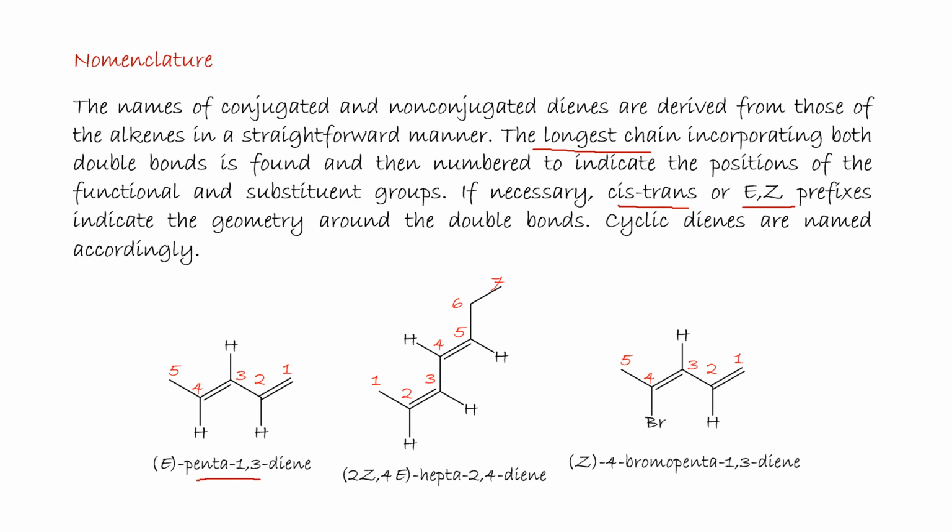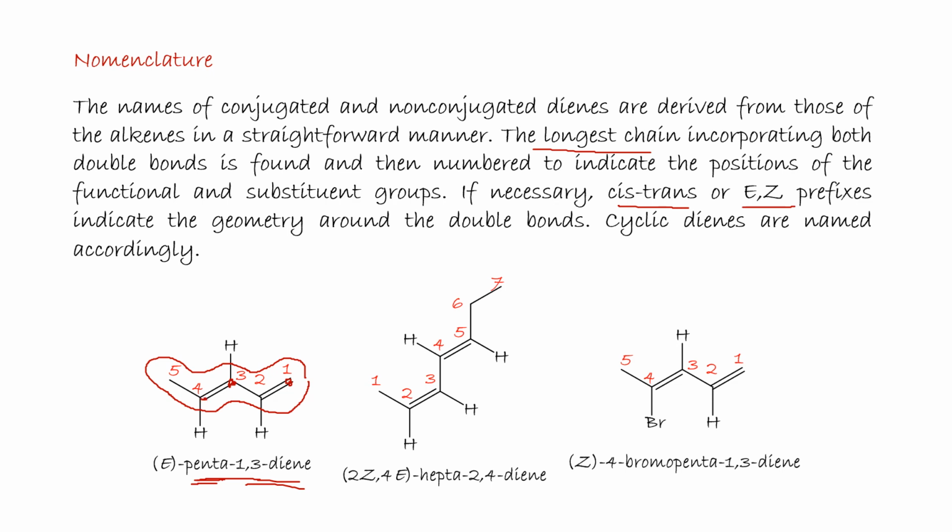For this compound, its longest chain is 5 carbons, so we have penta, the double bonds are at 1 and 3, so it's 1,3-pentadiene. Since carbon number 1 carries two identical hydrogen groups, we don't have cis, trans or E, Z there. So the geometry is considered at 3 and 4.